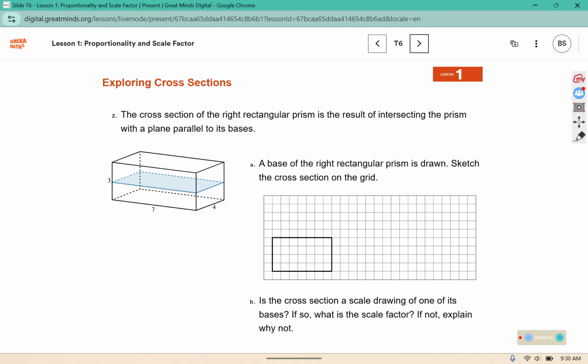The cross-section of the right rectangular prism is the result of intersecting the prism with a plane parallel to its bases. A base of the right rectangular prism is drawn. Sketch the cross-section on the grid. By cutting parallel to the base, you create a cross-section that is identical to the base.